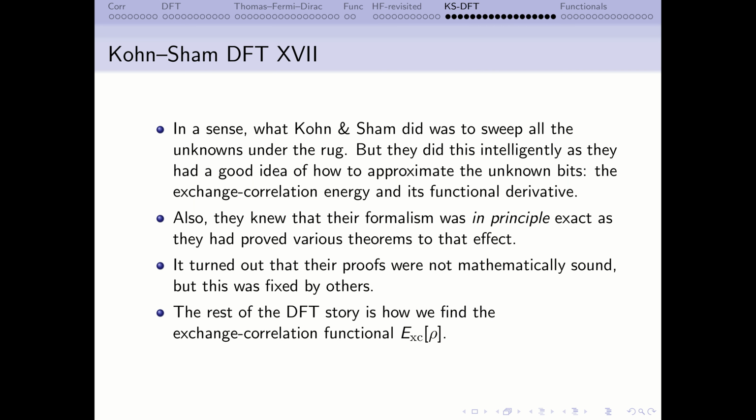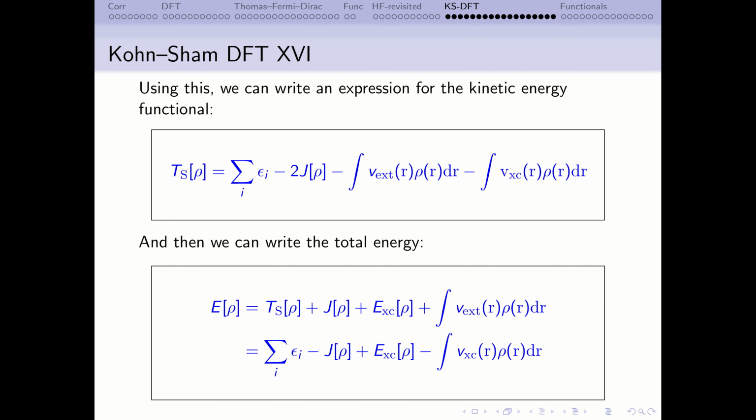Right. So what have we done so far? Because we're nearly at the end of what I want to show you here. We have seen that Hartree-Fock theory can be cast as a kind of density functional, but one that was intrinsically approximate, right?